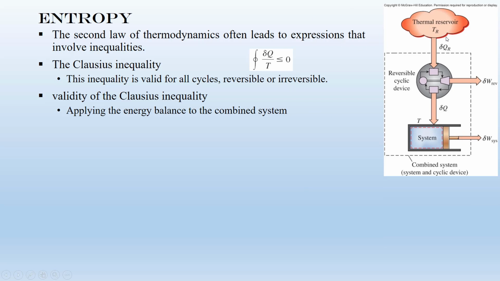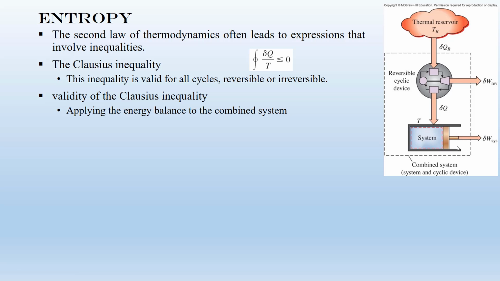Assume that we have a thermal reservoir with a temperature of TR, and then there is a reversible cyclic device. This reversible cyclic device gets delta QR from this thermal reservoir, and then produces the delta W reversible. And then this cycle rejects delta Q to another system. This is a cylinder and piston, and it gains this delta Q, and due to the expansion, due to the boundary work, this system generates delta W system.